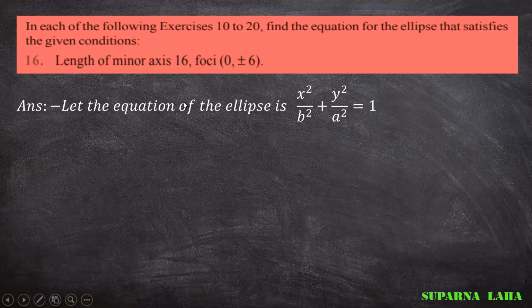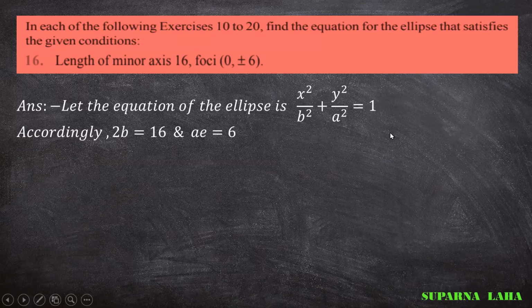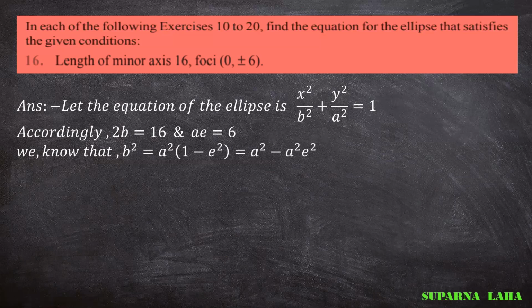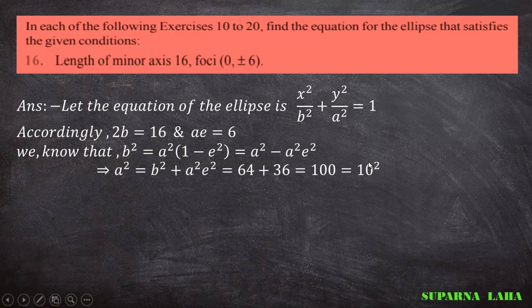Now compare this equation with the given information. You can write down 2b, the length of the minor axis, is 16 and the value of ae is 6. So from here you can find the value of b, which is 8, and from here you can easily find the value of a: a square is b square plus ae square, 64 plus 36, which equals 100, so a square is 10 square.